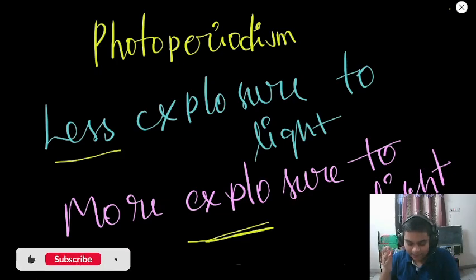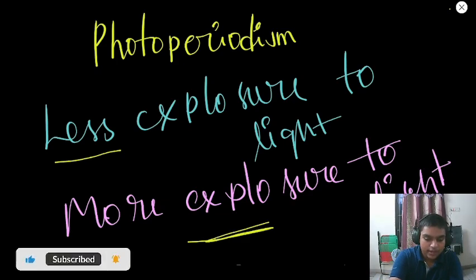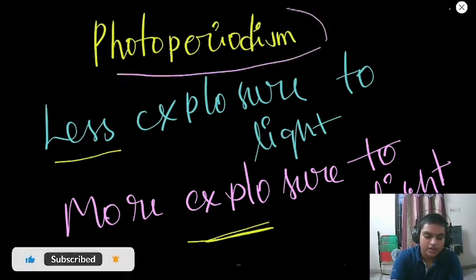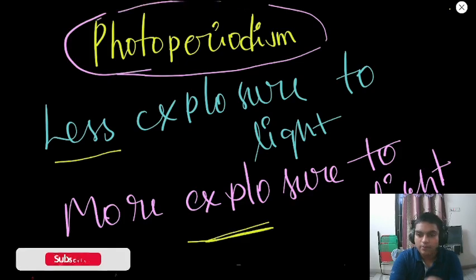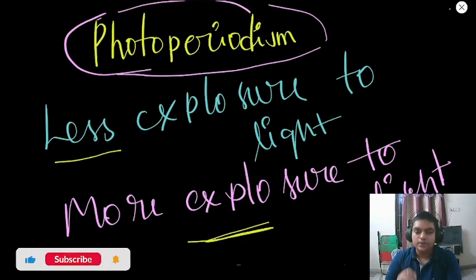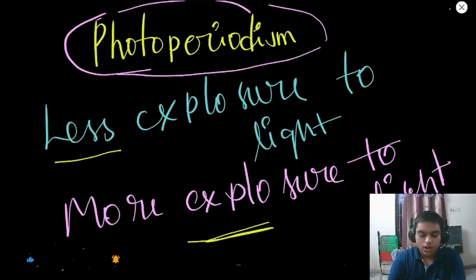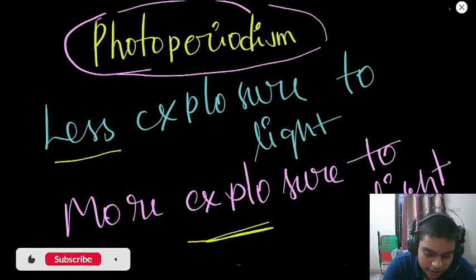Why is this happening in flowers? Why does photoperiodism have a key role in the flowering of plants, in flower production? We will be seeing it a little later. Now let's see this. The plants that need less exposure to light in order to produce flowers are termed short day plants.